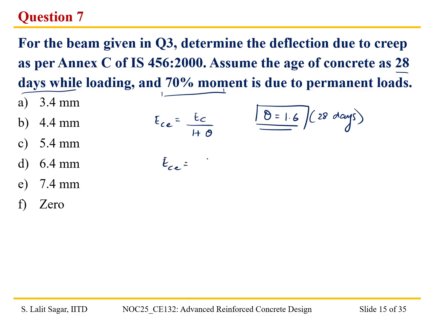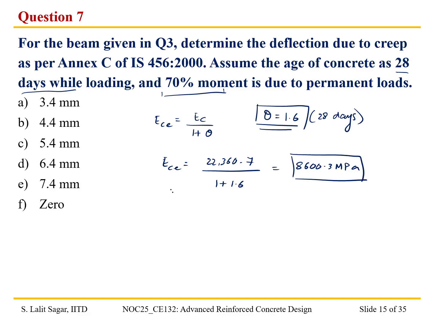That is, E_ce is 22360.7 divided by 1 plus 1.6. This gives me a value of 8600.3 MPa. We need to use this value while we are determining the deflection due to creep.